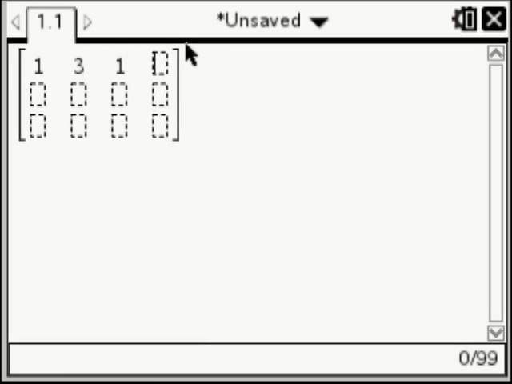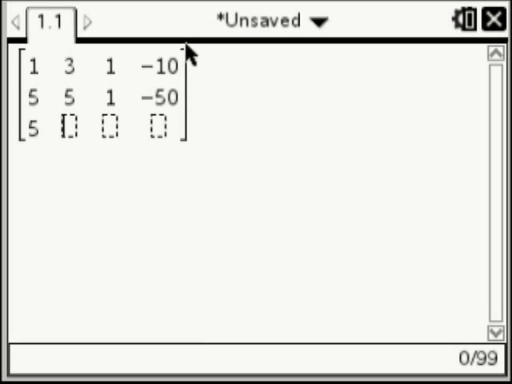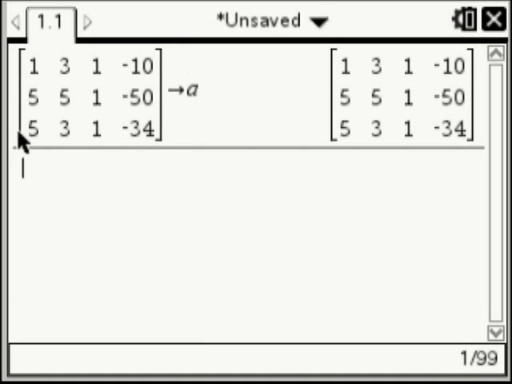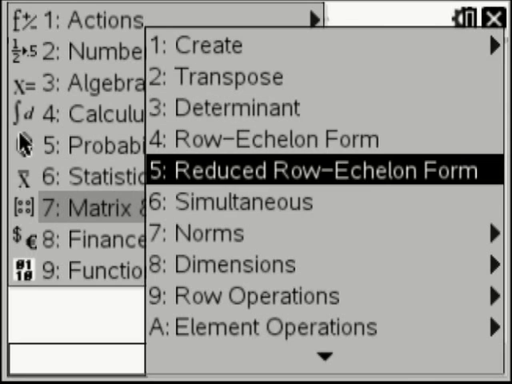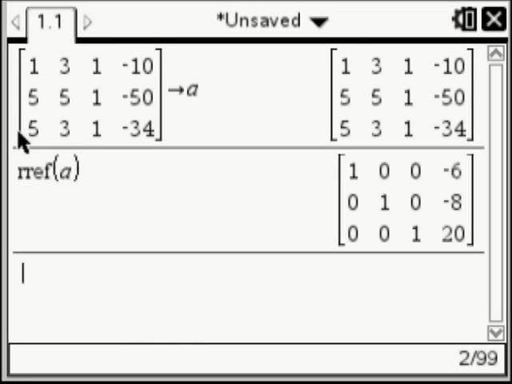And I'm just going to plug in those numbers that you just saw. Now at this point you could just say enter and then recall the answer, but I like to store them in a variable like A. And then I'm going to ask for the reduced row echelon form of matrix A, and I'm going to get my solution, negative 6, negative 8, and 20.